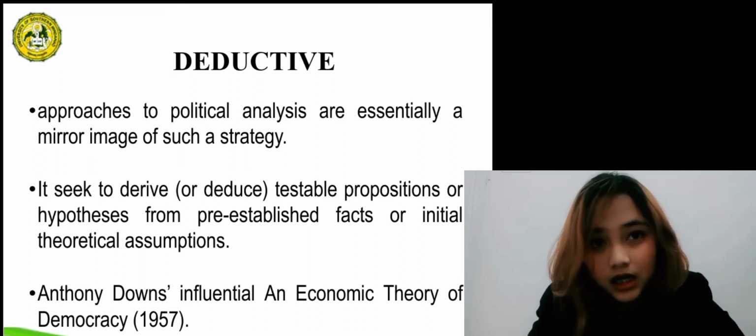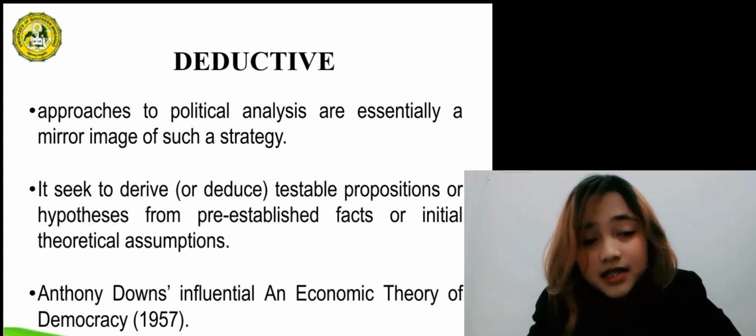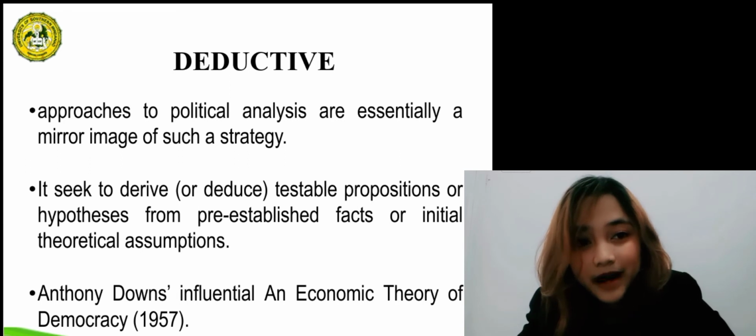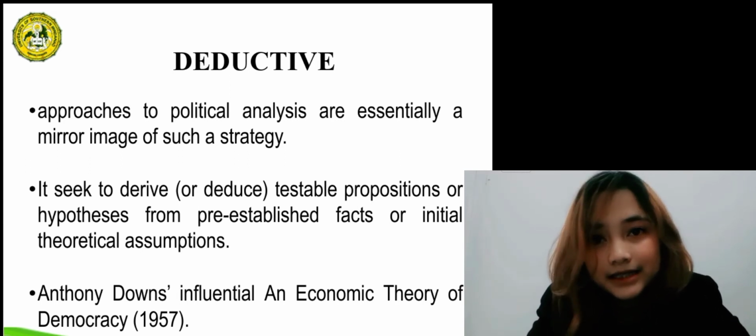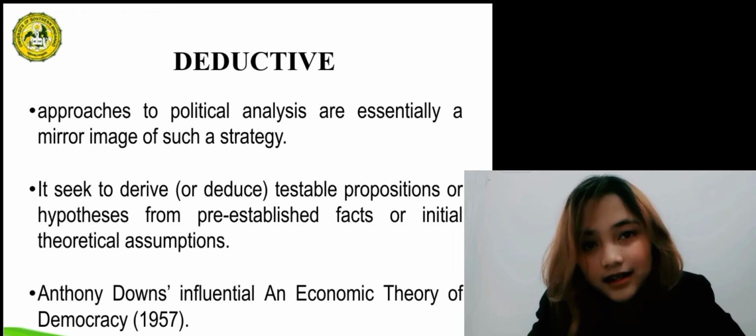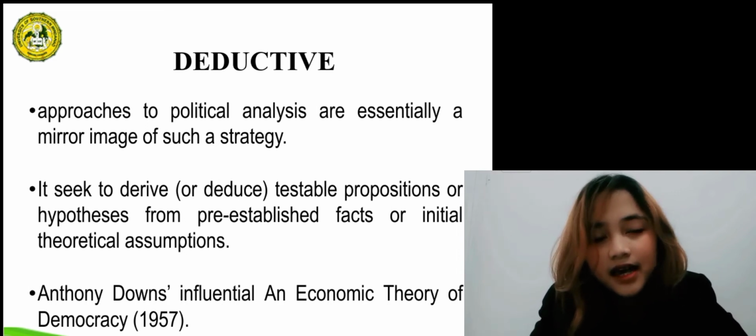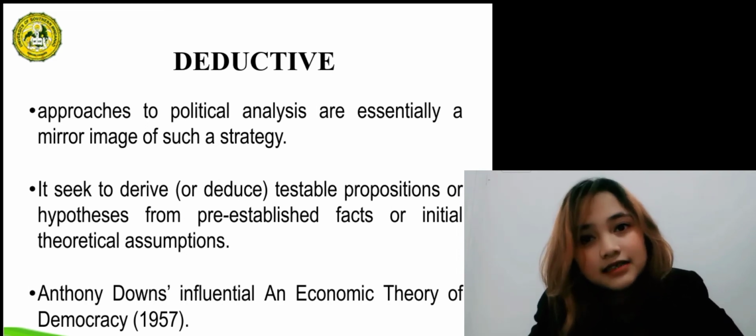It used a series of simplifying theoretical assumptions which established the parameters of the model, which holds that parties in democratic polities are analogous to firms in a profit-seeking economy, and that both voters and political parties are rational in pursuit of their preferences.